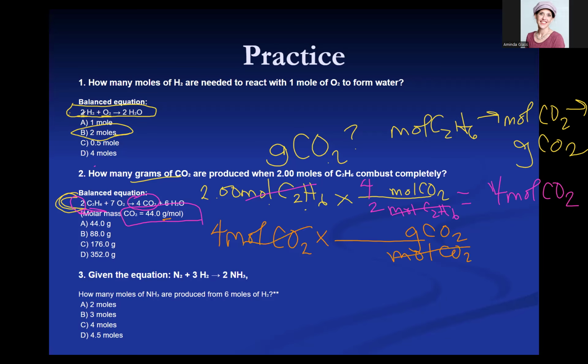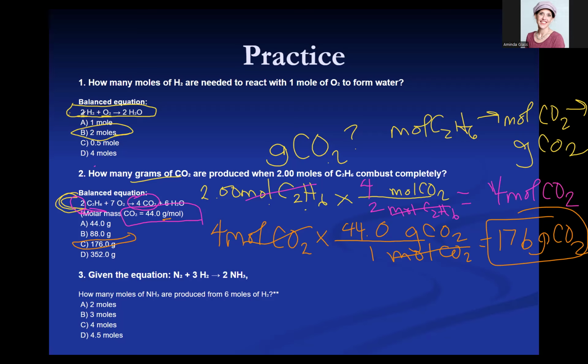My moles of CO2 cancel. I have 44.0 grams for 1 mole. So this is 4 times 44.0 divided by 1 gives us 176 grams of CO2. There we go.